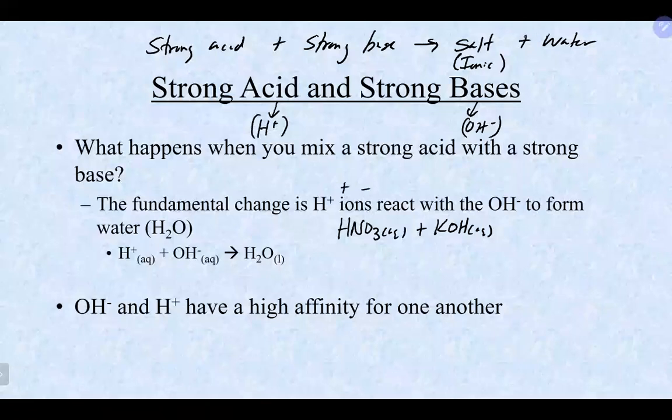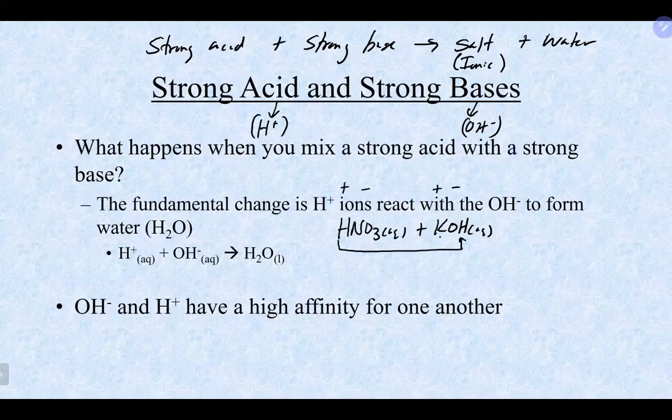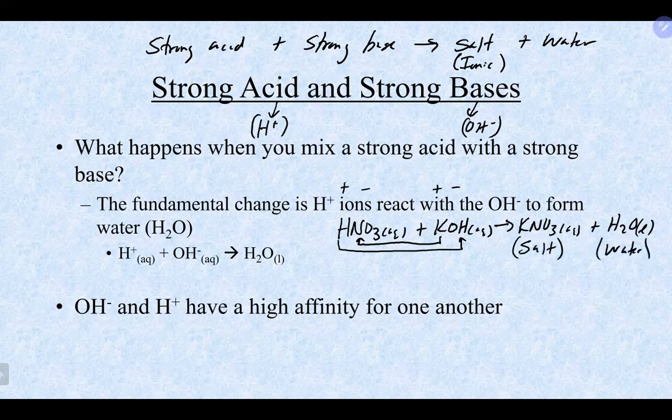We got plus and minus, we got plus and minus. So the H plus and the OH will come together. The K and the NO3 in this case will come together, and we will get KNO3 plus our H2O. This here would be our salt, and this would be our water, obviously, in this particular case.